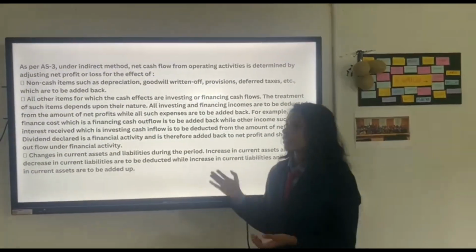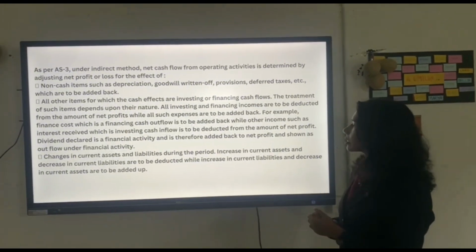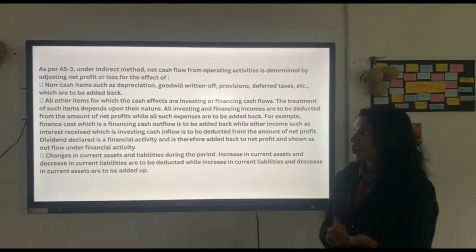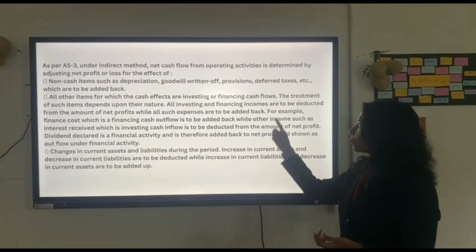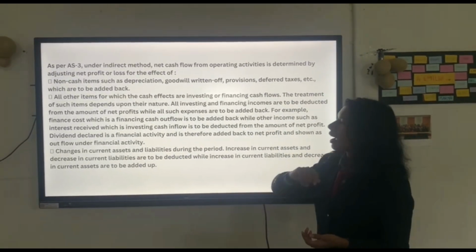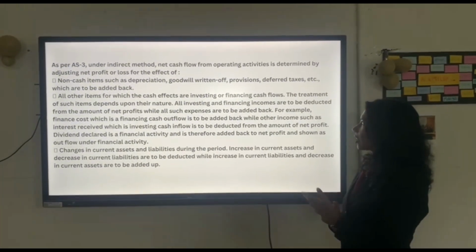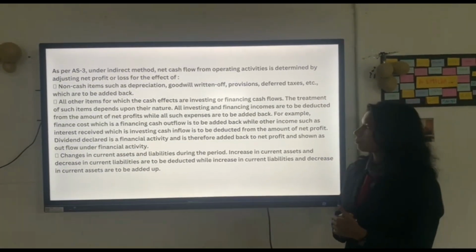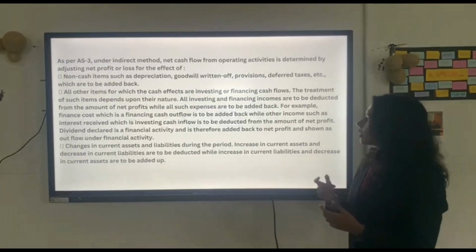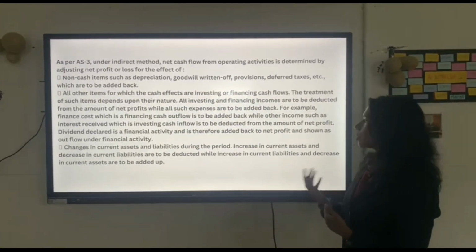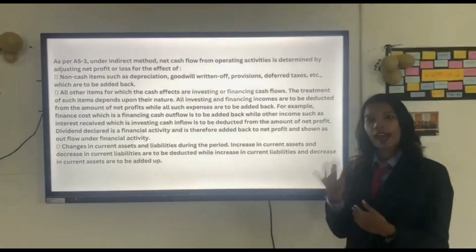As per AS3, under the indirect method, net cash flow from operating activities is determined by adjusting net profit or loss for the effect of non-cash items like depreciation, goodwill written off, provisions, deferred taxes, etc., and all other items whose cash effects are investing or financing cash flows. Such treatment depends upon their nature, and all the investing and financing incomes are to be deducted from the amount of net profit, while all such expenses are to be added back.